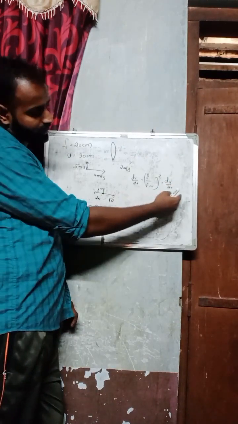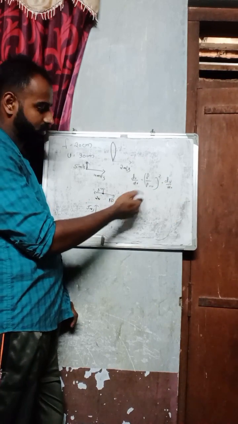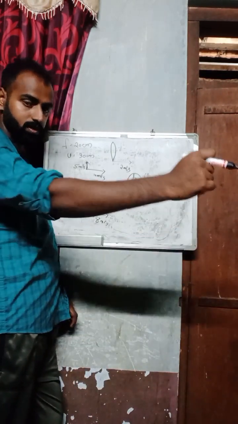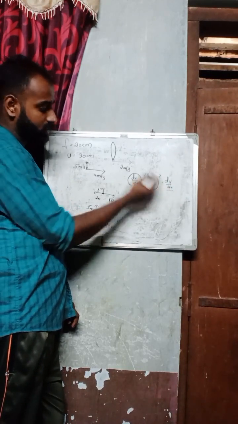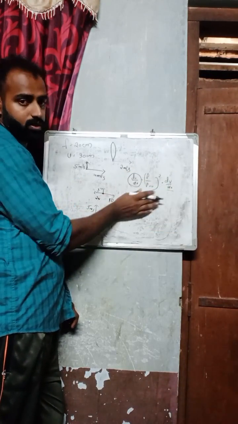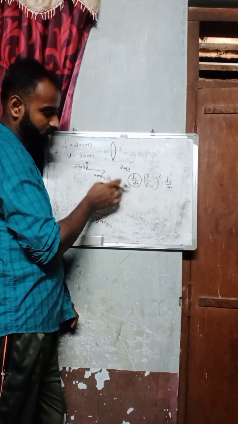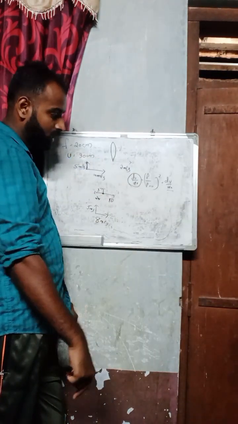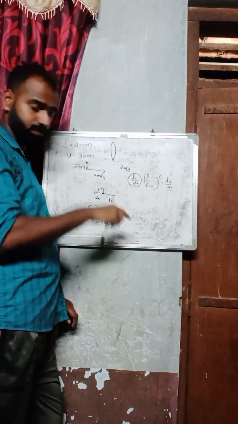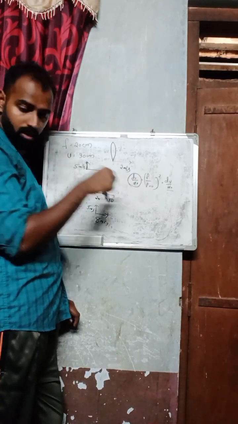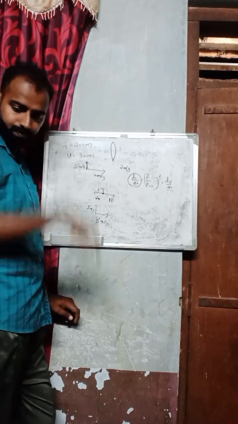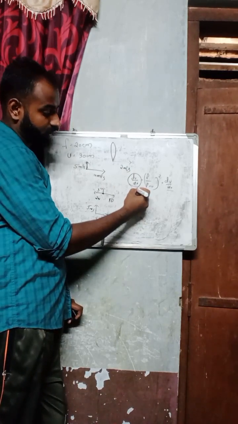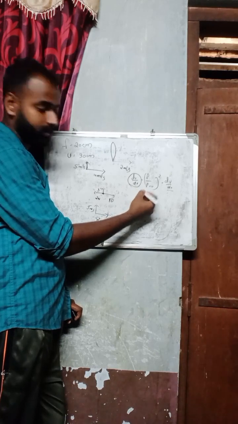I think all parameters are given. dv by dt we have to find, that is the image velocity. Object velocity is given. We are taking the x direction for this. This is the equation for horizontal, longitudinal motion.